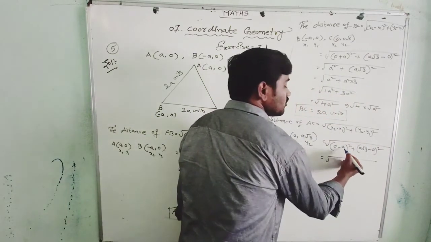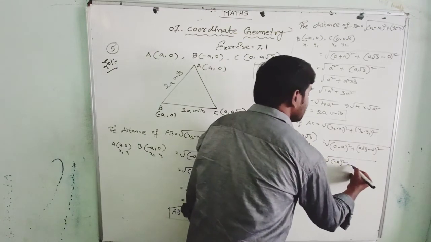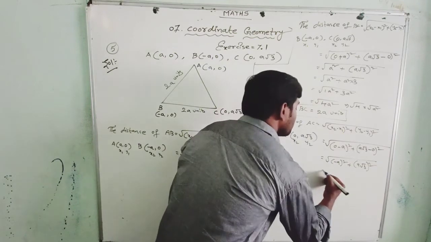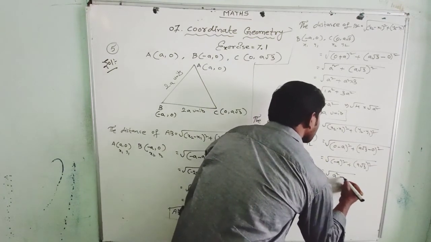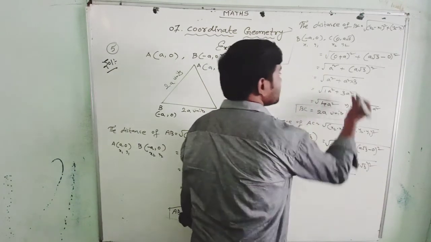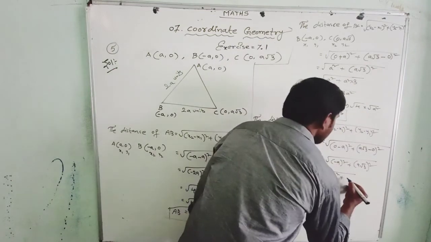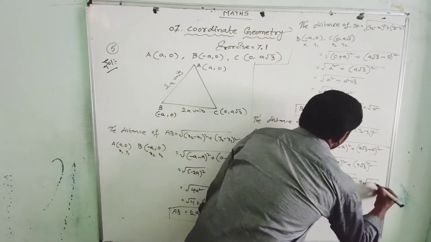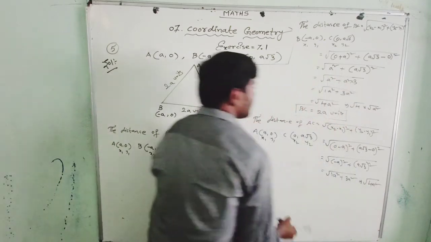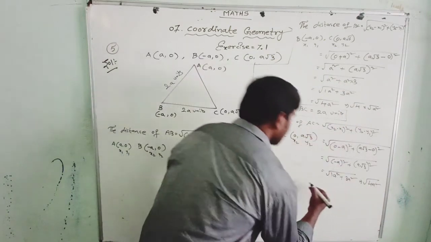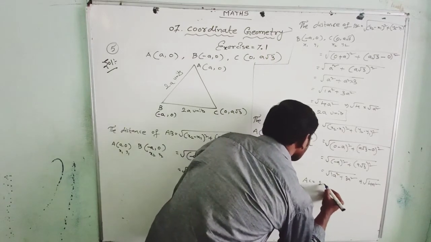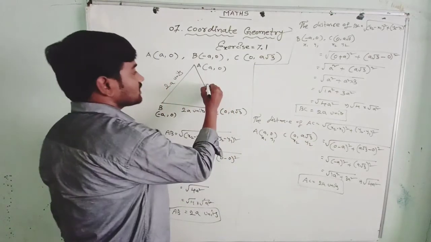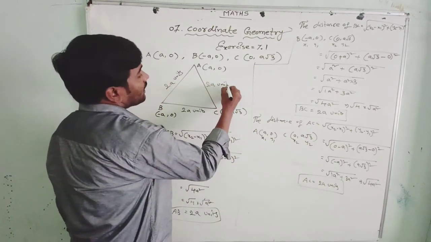Simple. 0 minus a is minus a whole square, plus a root 3 whole square. Minus a whole square is a square, plus a root 3 whole square is 3a square. 1a square plus 3a square is under root of 4a square, whose value is 2a. So AC equals 2a units.